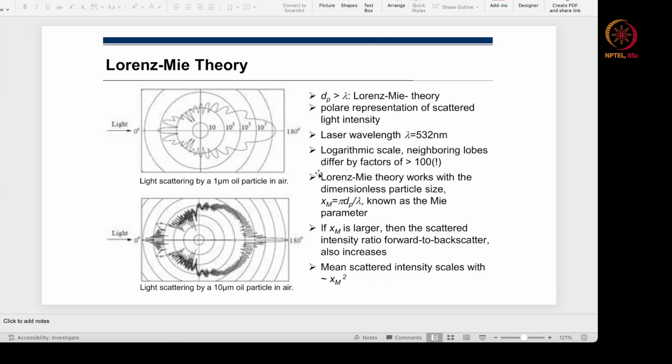If dp is much larger than lambda, so that means xm is also large, then the scattered intensity ratio forward to backward scatter also increases, and the mean scattered intensity scales as the square of this particular parameter. So this is the Lorenz-Mie theory in a nutshell.